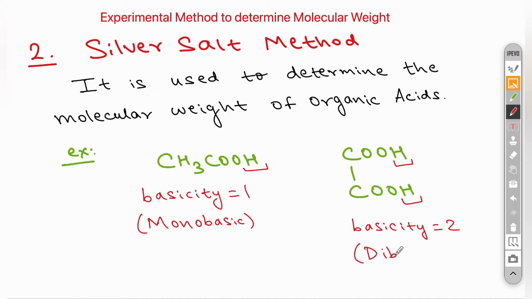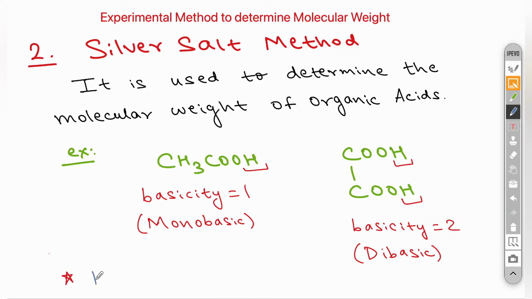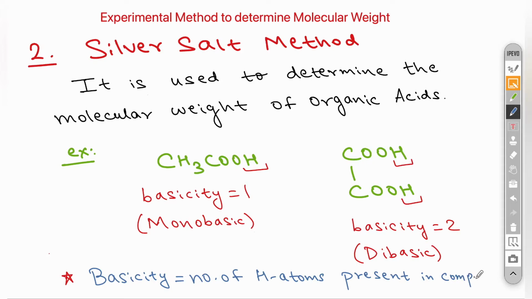Hence this is dibasic. We are discussing basicity. Basicity is equal to the number of H atoms present in the compound. That is called basicity. It's an important term. We'll discuss it further.